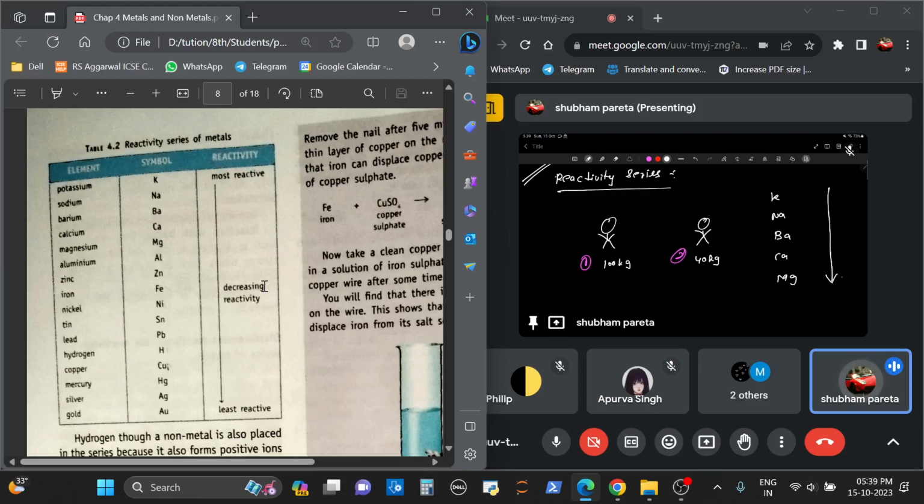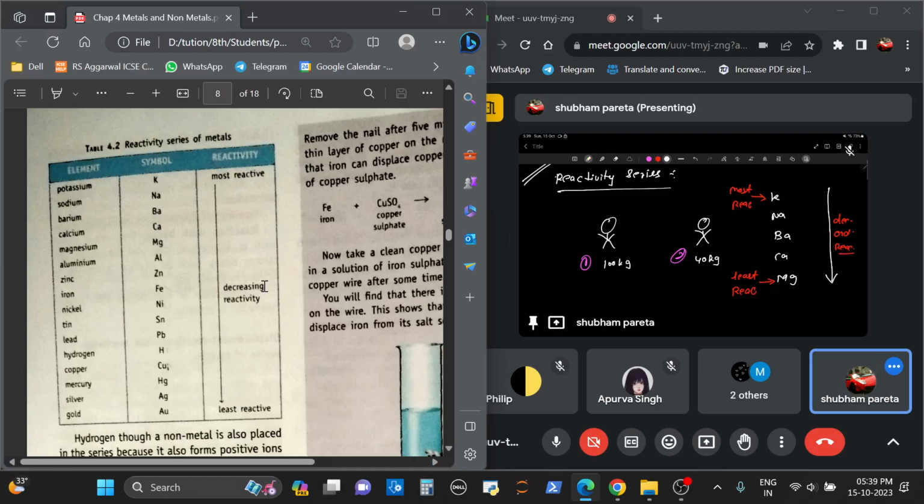That is, the most reactive material is at the top and the least reactive material is at the bottom. This is a decreasing order of reactivity.